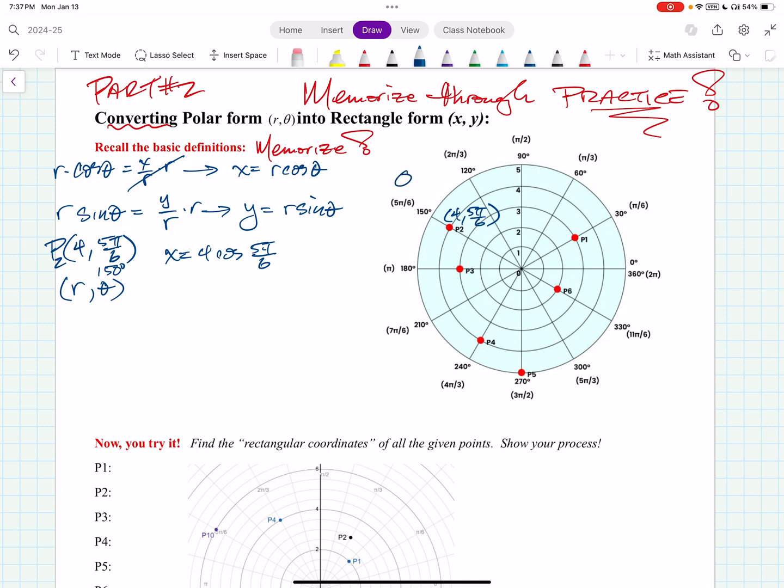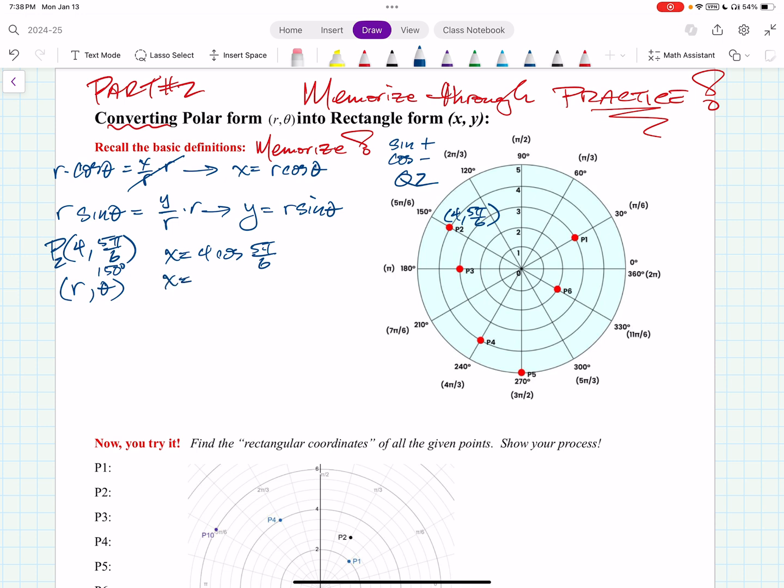Okay, you're in quadrant 2 here, so cosine is negative and sine is positive. So we know cosine, whatever the coordinate is, has got to be a negative number because you're in quadrant 2.